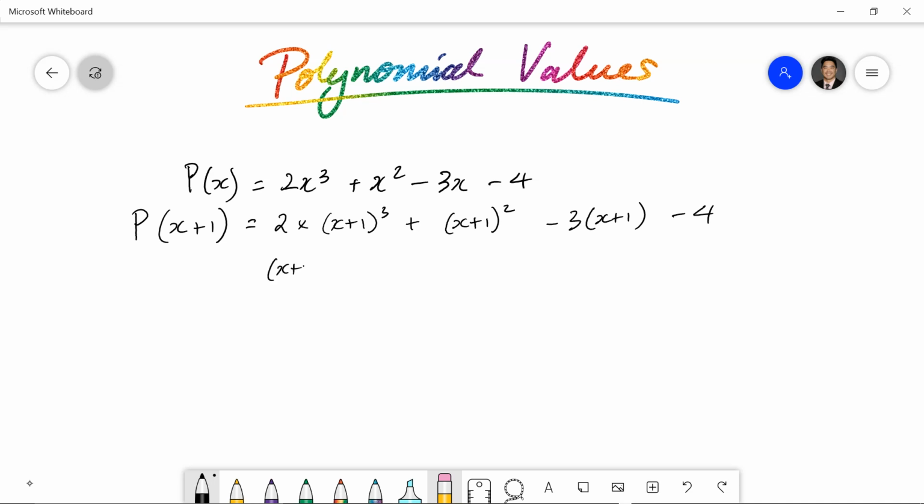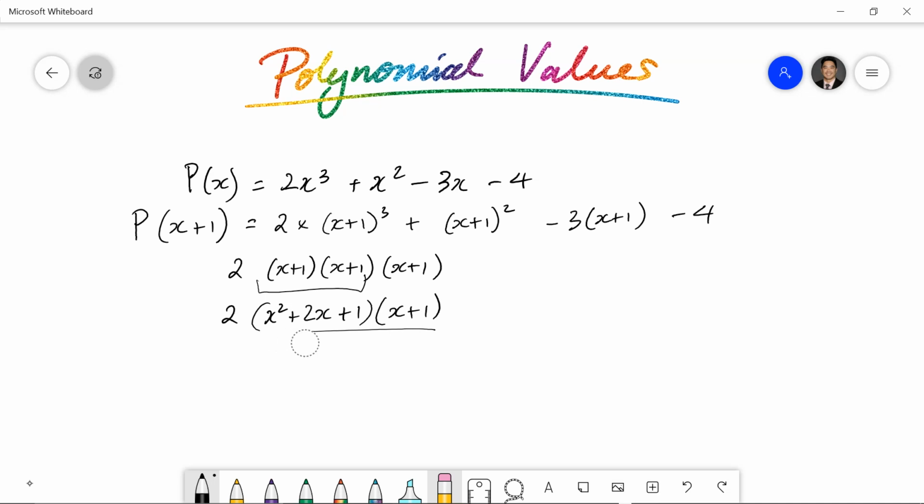So we've got x plus 1 times x plus 1 times x plus 1, and we've got a 2 in the front. Because we've got a perfect square here, we can already assume that's x squared plus 2x plus 1, and then we're going to multiply that by x plus 1. I'm going to keep the 2 there, and expand this set of brackets. We get x cubed plus 2x squared plus x squared plus 2x plus 1.